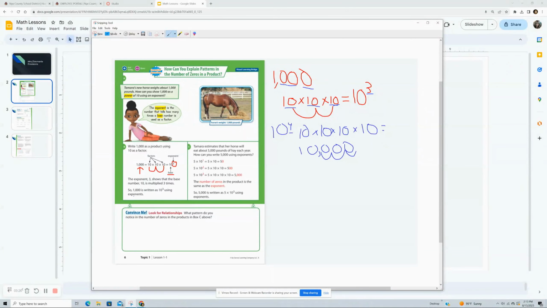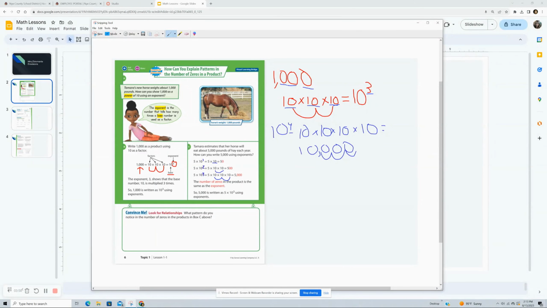Okay, so if we have 5 times 10 to the power of 1, we're going to write 5 times 10. 10 is being represented once. If we have 10 to the 2nd, we have 10 being multiplied twice, and 10 to the 3rd power, we have 10 being multiplied 3 times.